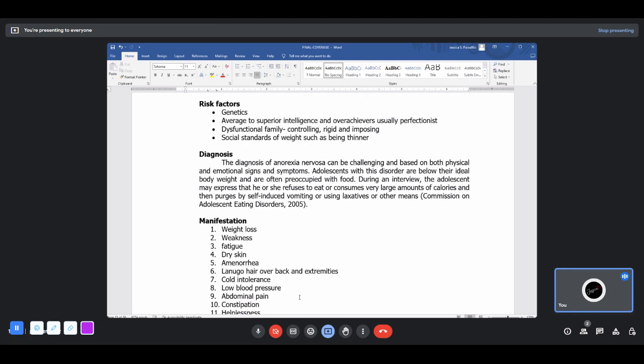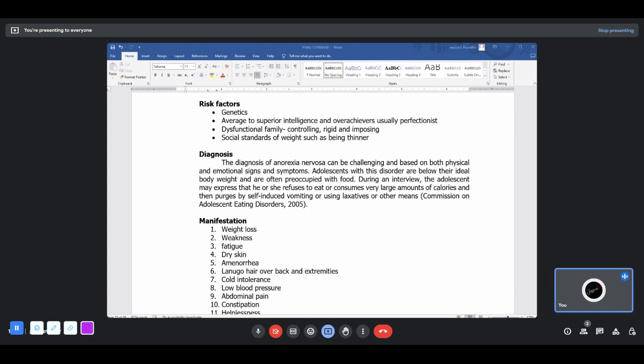Okay? For the diagnosis for this one, for anorexia nervosa, can be challenging and based on both physical and emotional signs and symptoms. Okay? Adolescents with the disorder are below their ideal body weight and are often preoccupied with food. Okay, so preoccupied sila sa pagkain.